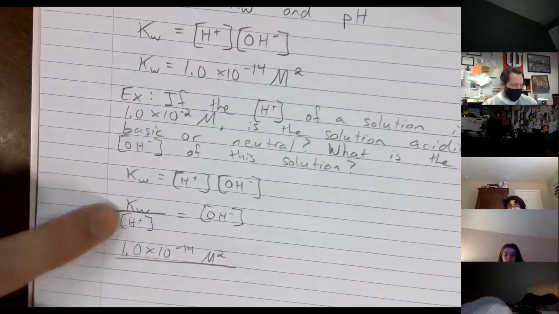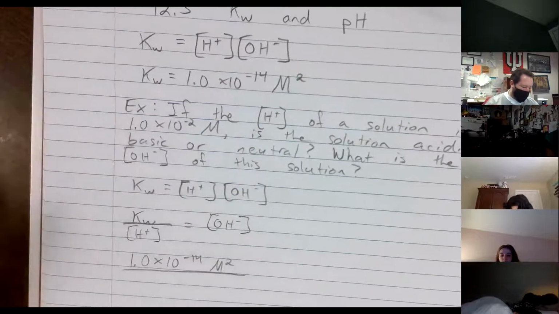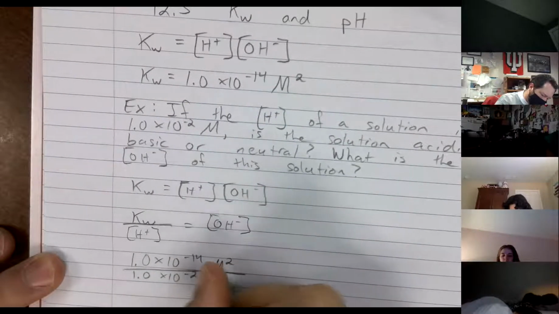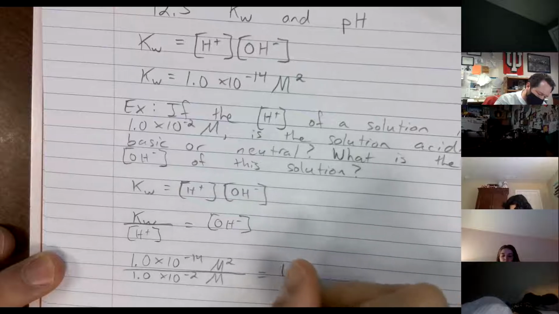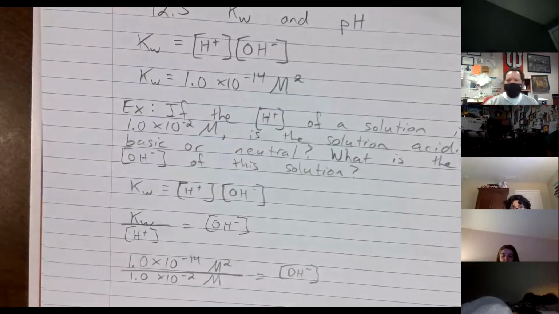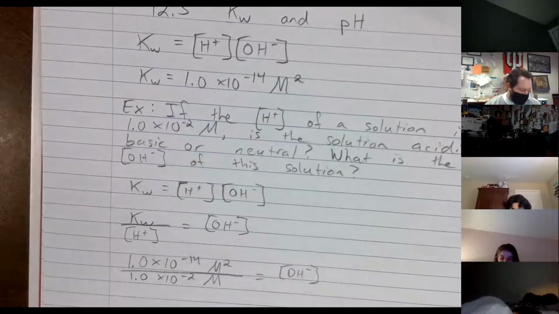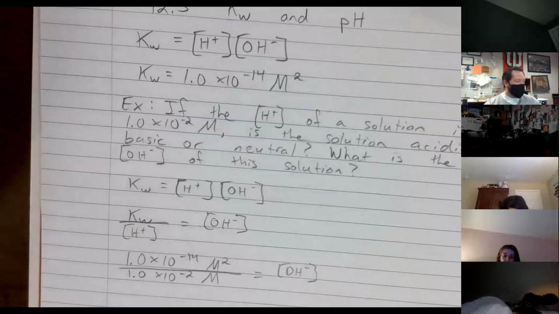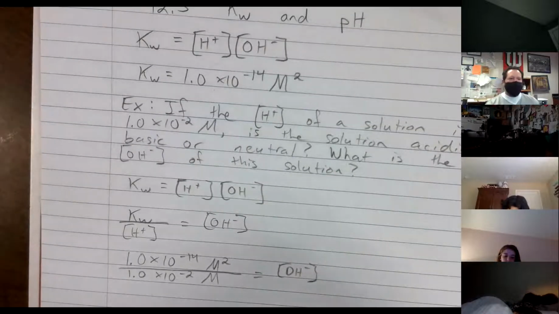And we know our H plus concentration, that's this one here. So when I divide those two values, or divide the H plus value out of the KW value, I'll end up with my hydroxide ion concentration. So let's get out our calculators. I'll see how that works.